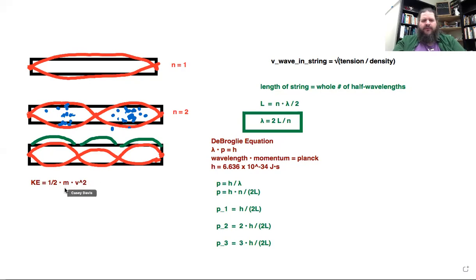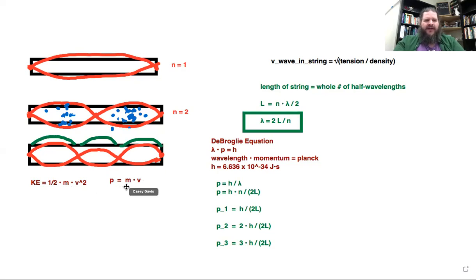However, since we don't have a formula for speed of the electron, but we do have a formula for momentum, what we want to do is relate kinetic energy to momentum. Classically, we also think of momentum as being mass times velocity. In quantum mechanics, we don't really look at momentum as mass times velocity. We look at momentum as more of a fundamental property the particle has, and we don't really care much about velocity.